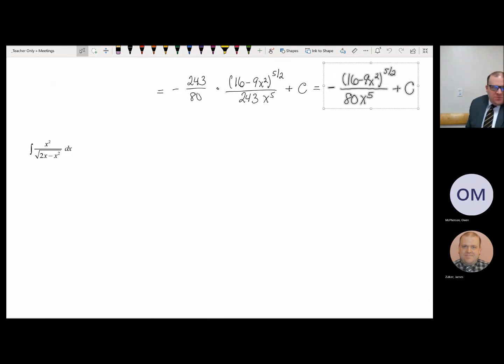x over the square root of 2x minus x squared. Well, that's not square root of a squared minus x squared. That's not square root of a squared plus x squared. And that's not square root of x squared minus a squared.